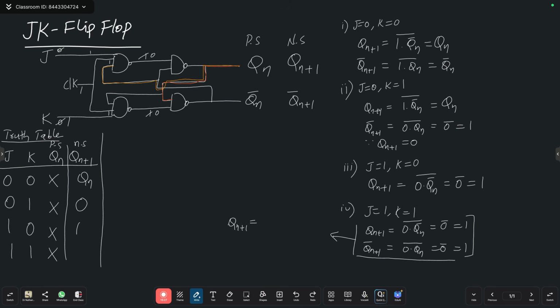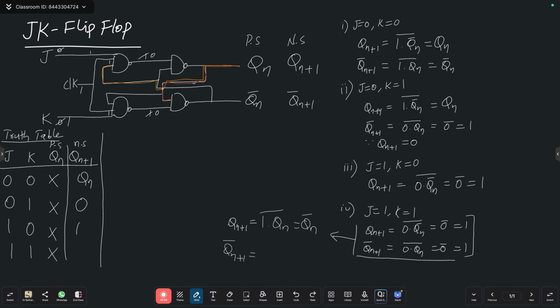Now what is the input here? 1 into 1, 1. Yes or no? One into. Now what is this? One more input. Just check this, Qn. Then all bar. What is going to happen? Qn bar. Understand?